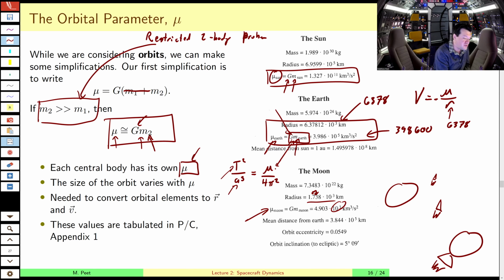If we could find the mass of the Earth, we could figure out the gravitational constant, or if we could figure out the gravitational constant, we could figure out the mass of the Earth. Unfortunately, both of those things are hard to figure out, and it wasn't until, I believe, after Newton died, that the gravitational constant of the universe was actually measured with any accuracy.